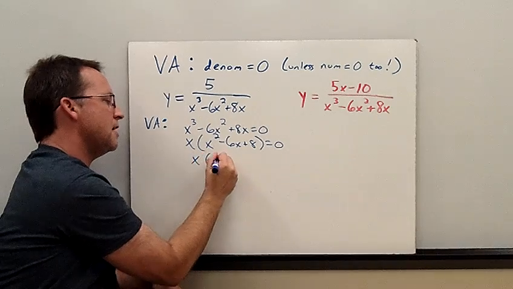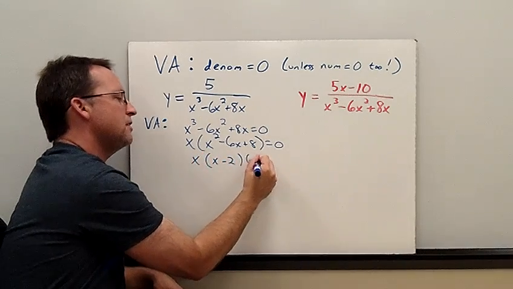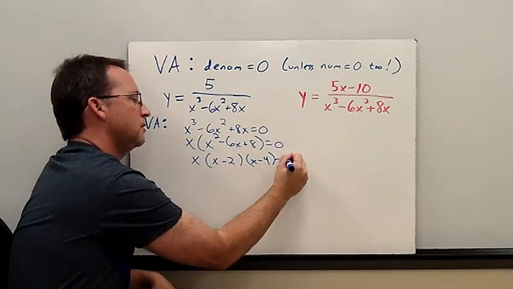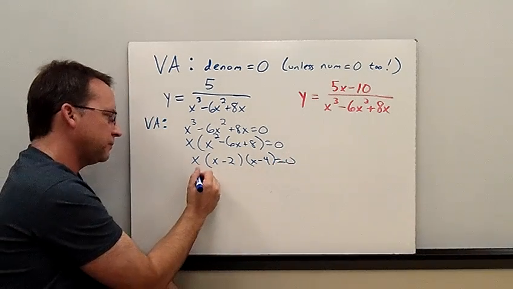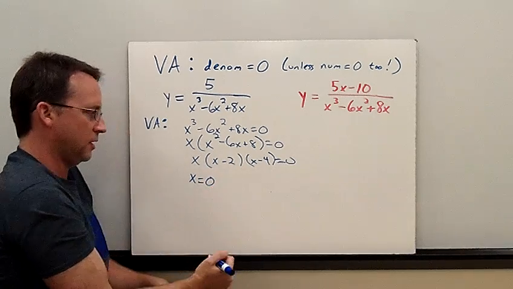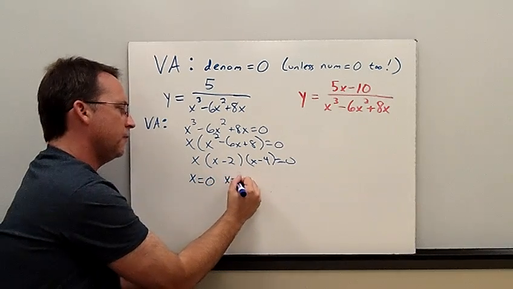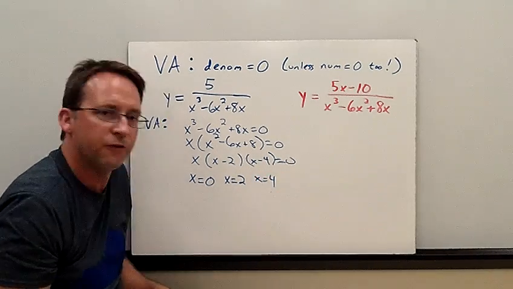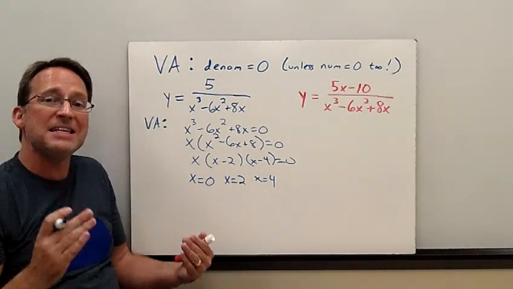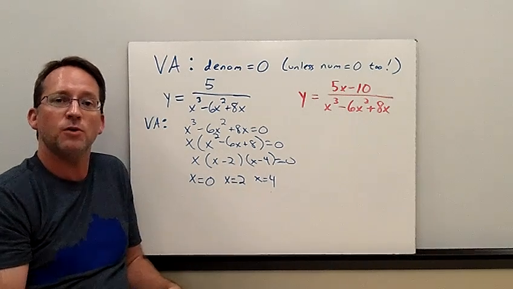Keep on breaking this down. This graph actually has 3 different vertical asymptotes, which is kind of a strange thing to think about at first. x equals 0, x equals 2, x equals 4. There are actually 3 different vertical asymptotes on this graph.